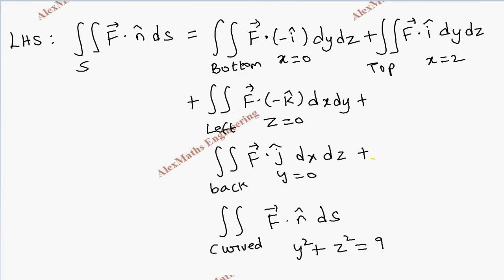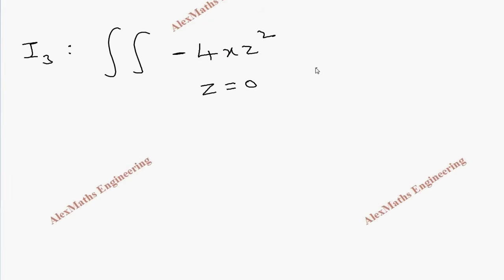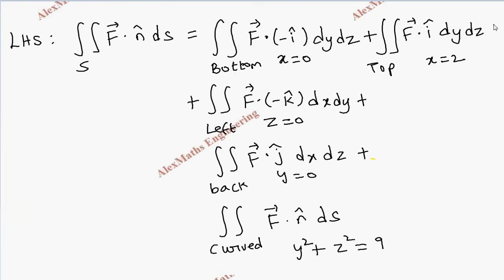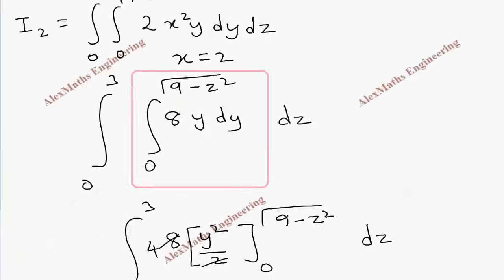Since z is 0, the entire term is 0. Now coming to I4, which is F dot j, and y is 0.